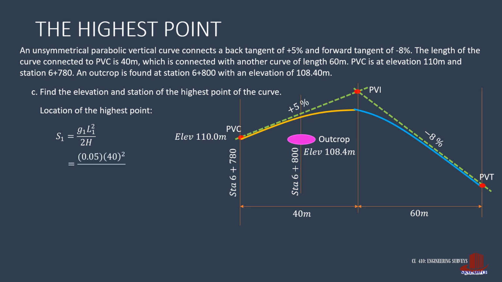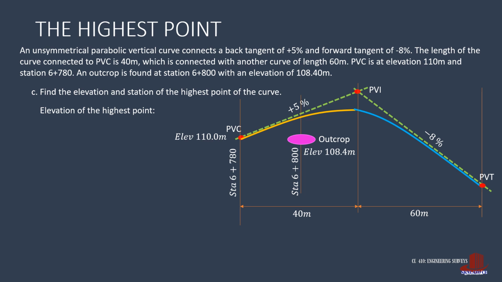This is then 0.05 times the square of 40, all over twice of 1.56, giving 25.64 meters. The stationing is then referred from PVC with station 6 plus 780. Add S1 of 25.64, and the station of the highest point is at 6 plus 805.64.